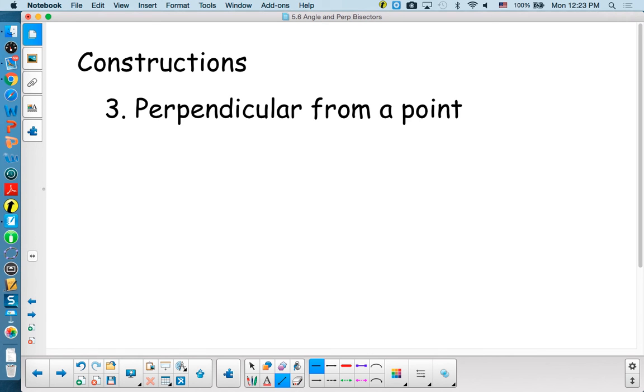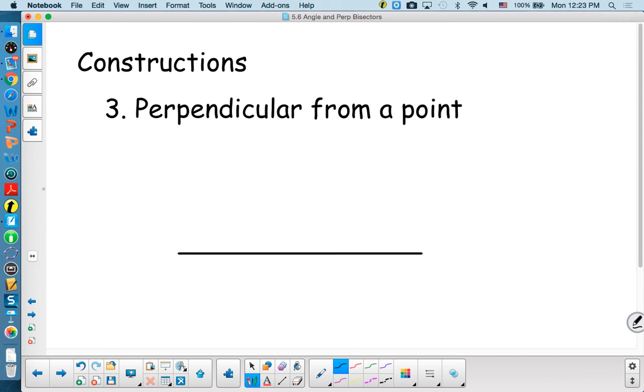Okay, then the perpendicular from a point to a line, this would be what we'd have to do if we wanted to get that perpendicular accurate on distance from a point to a line. So give yourself a line and a point somewhere. I went above it. Doesn't matter exactly where above it you put that.